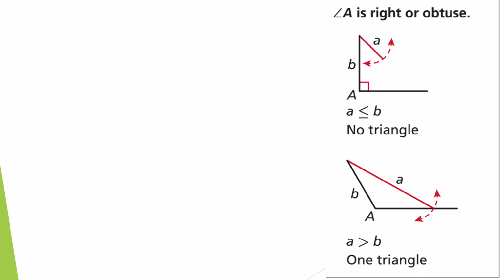Now, what will happen if the angle A is right or obtuse? We have already talked about the angle A being right. So if the angle A is right, understand this one, and this is the height H, right?